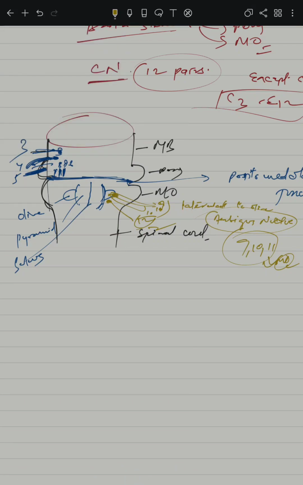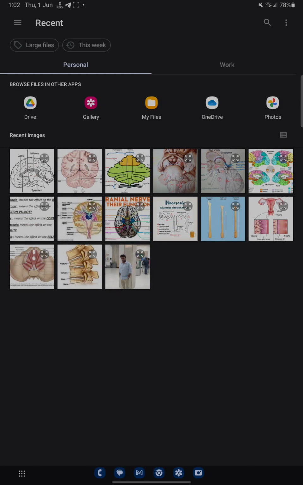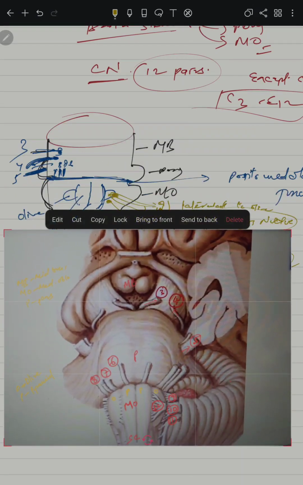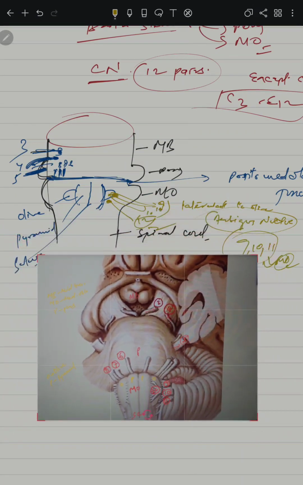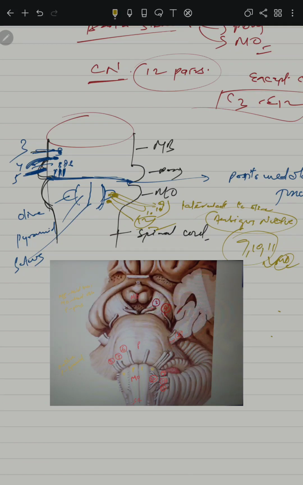Let me bring one figure. Here is the figure. So you can see this is the midbrain, pons, medulla oblongata. From the midbrain there are 3 and 4.